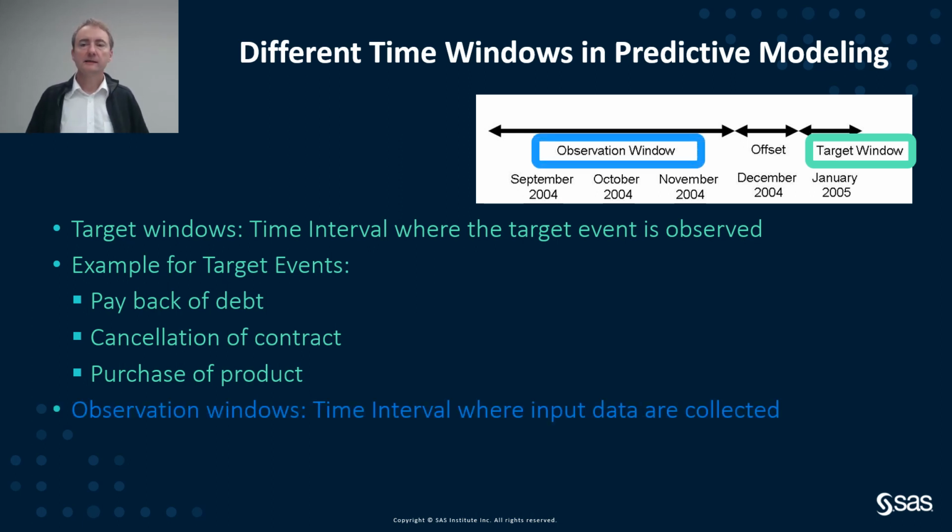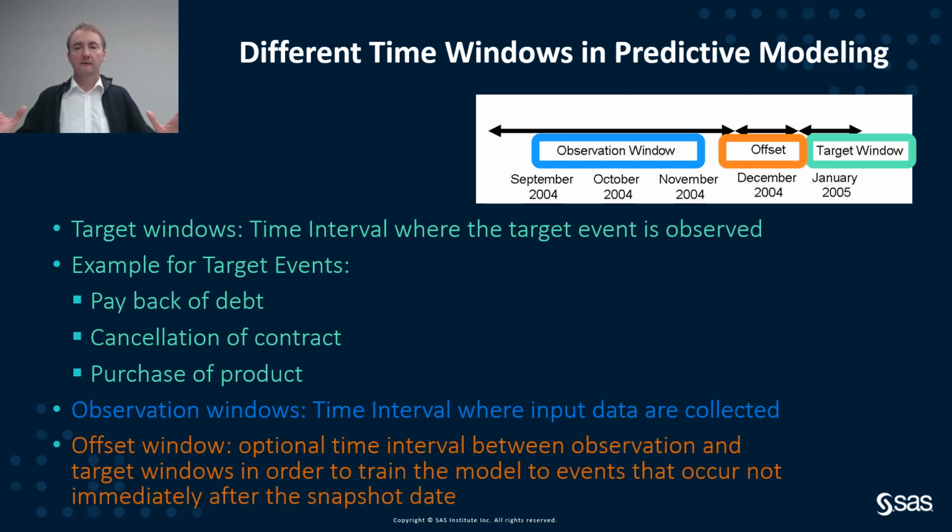And another one is the observation window, which is the time interval where the input data is collected. And it's important for many analyses to be very careful whether these two windows are allowed to immediately follow each other, or should there be an offset window which needs to be observed to separate this data also from a timely perspective, so that the model is not trained on data which is already too advanced from a time perspective, which would probably not be available when the model is run in production.